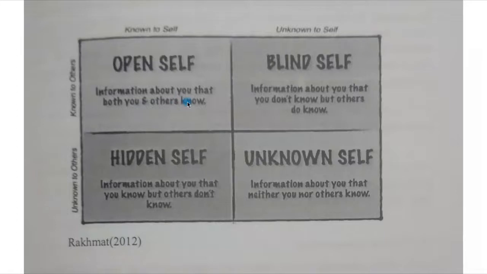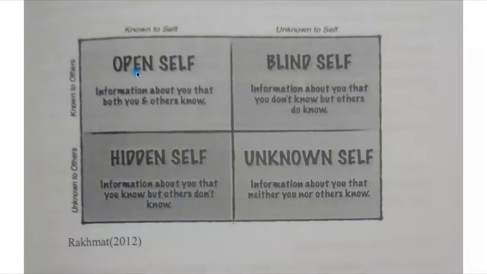Well, the next part is the second quarter here. Unknown to others, so other people don't know about it, but you know yourself. That's hidden self, information about you that you know but others don't know.